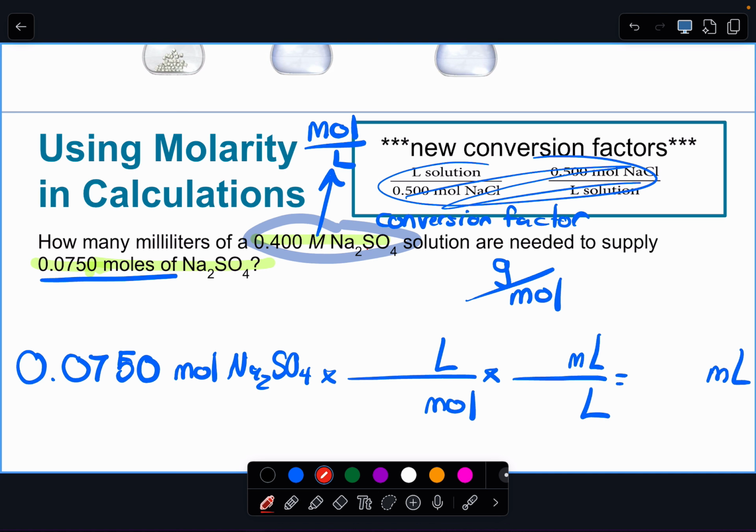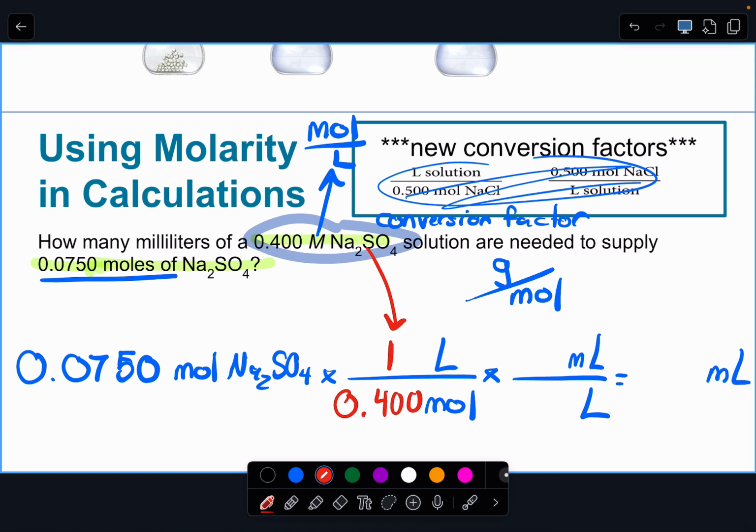Okay, so putting in the numbers, we're going to use that molarity here. But remember, 0.4 molar means 0.4 moles per 1 liter. So I better make sure that the 0.4 is tied to the moles, and then it's 1 liter. What we're really doing is dividing the moles by the molarity, but we just write it as 1 over that number of moles.